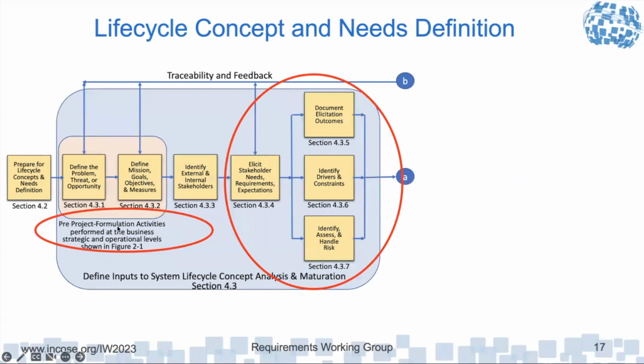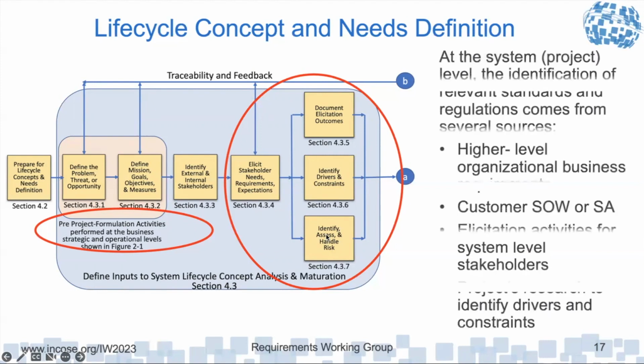A lot of these may be done at higher levels. Then we're going to identify internal and external stakeholders, elicit stakeholder needs and requirements, and document the elicitation outcomes. As part of this, we're going to be identifying drivers and constraints, which includes the relevant standards and regulations, and identify and handle risk, including the compliance risks that I talked about.